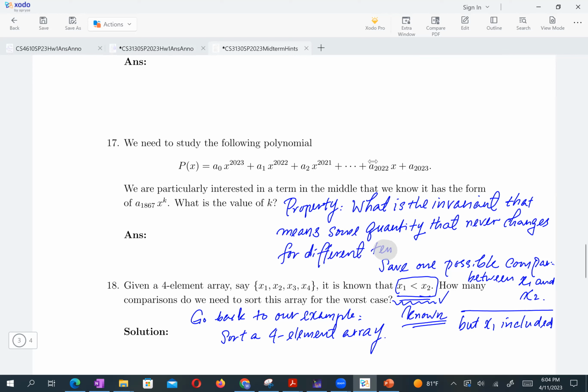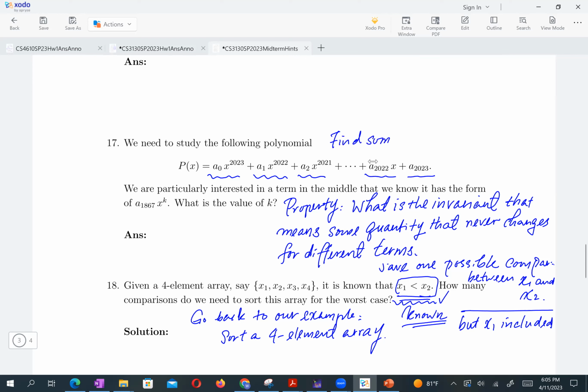Can you find some way to define a number such that when you move from term to term, jumping to different terms, that number never changes, keeps the same? That is the invariant.